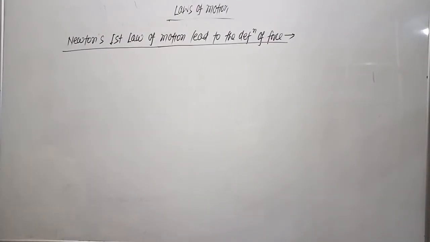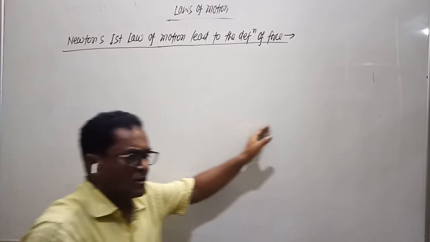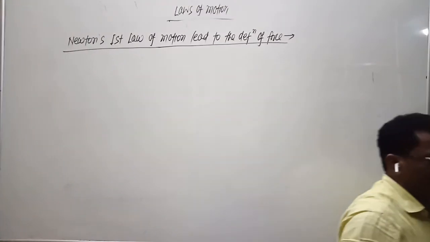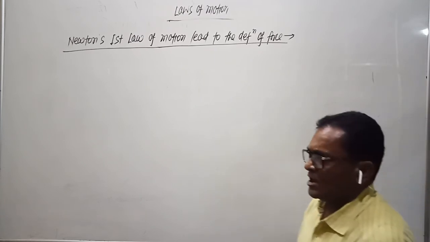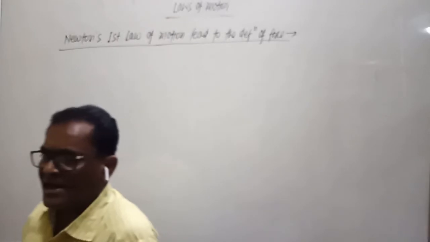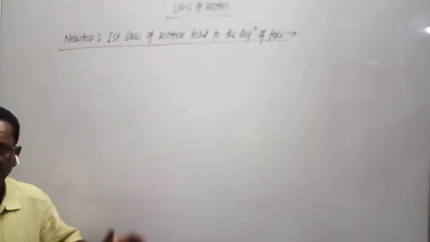According to Newton's first law of motion, a body at rest or in uniform motion will remain at rest or in uniform motion, which we have already studied, unless an external force is applied on it. The first law says if a body is in motion, it will remain in motion; if it is at rest, it will remain at rest unless an external force is applied.